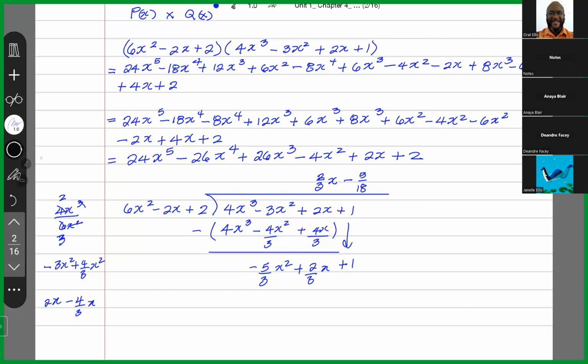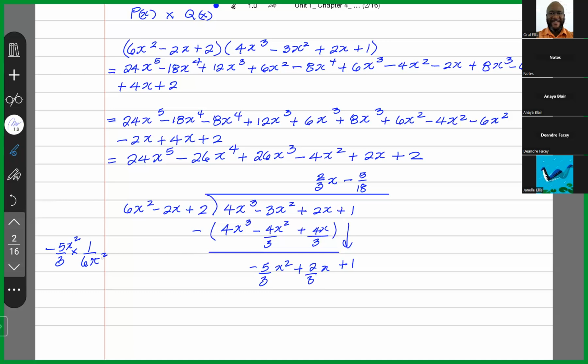All right, I'll write what I did. The last division I made, I said 6x squared into minus 5 over 3x squared. So that's minus 5 over 3x squared divided by 6x squared.